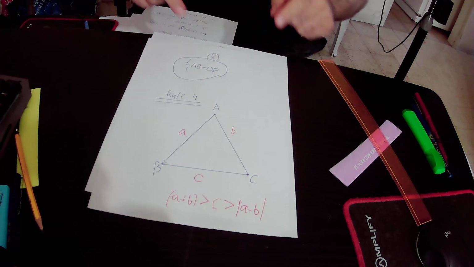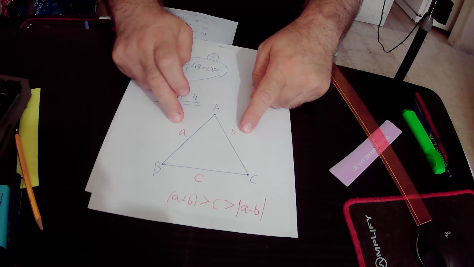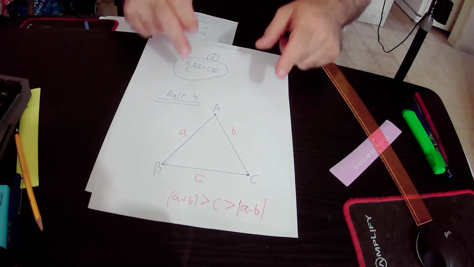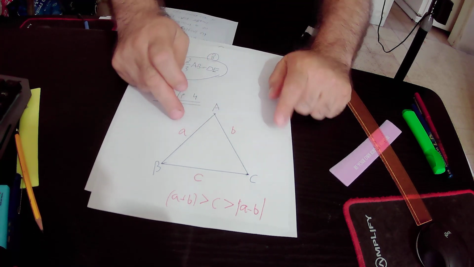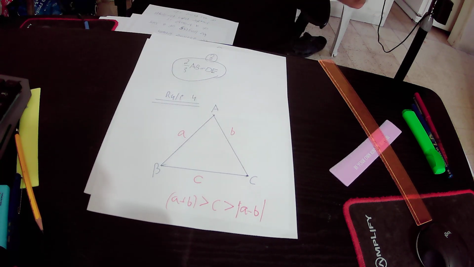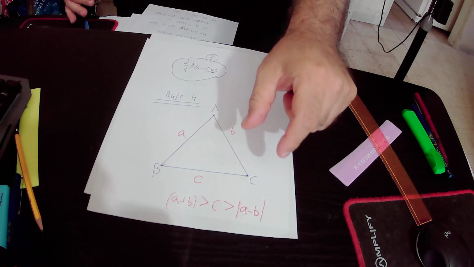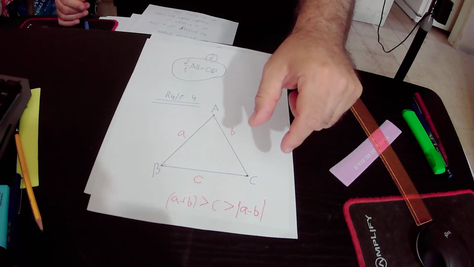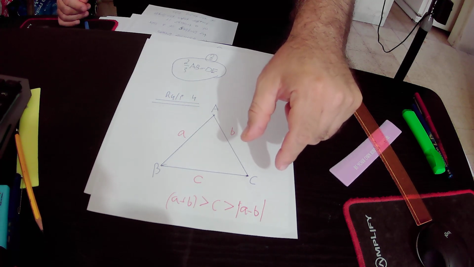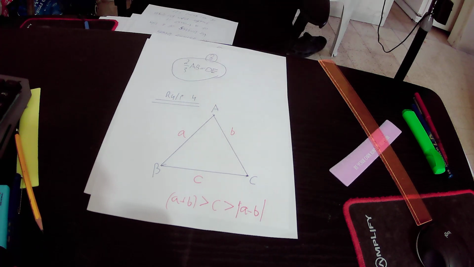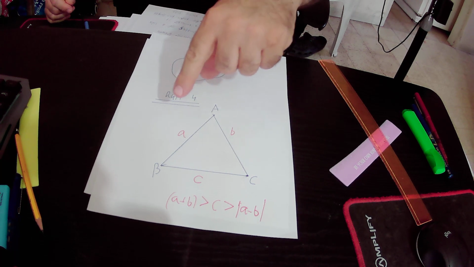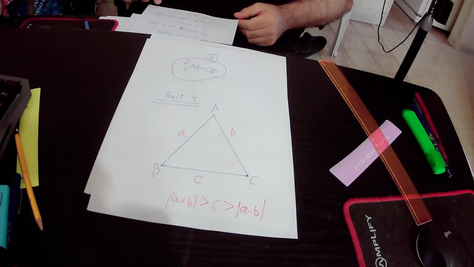That is to say, A minus B will always be smaller than C, or rather the absolute value of A minus B will always be smaller than C. C will be greater than the absolute value of A minus B from one side, and from the other side, C will be smaller than A plus B. Okay?